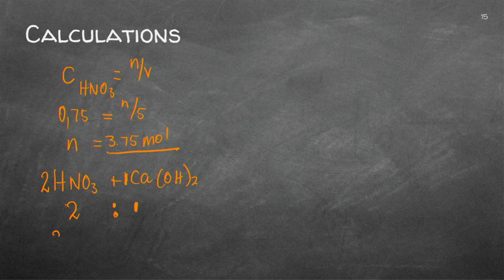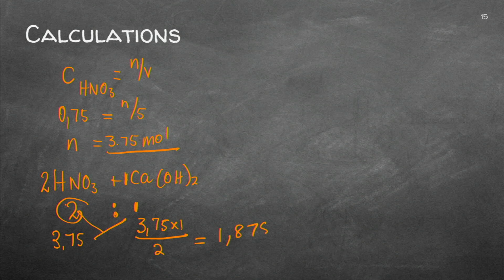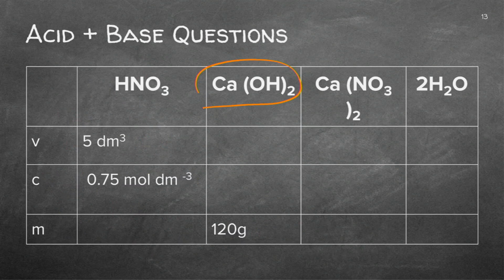I've got 3.75. So I'm going to say 3.75 times 1 divided by the 2. That gives me 1.875 mole. Now, you could say, did I have that many calcium hydroxide? You had 120 grams.